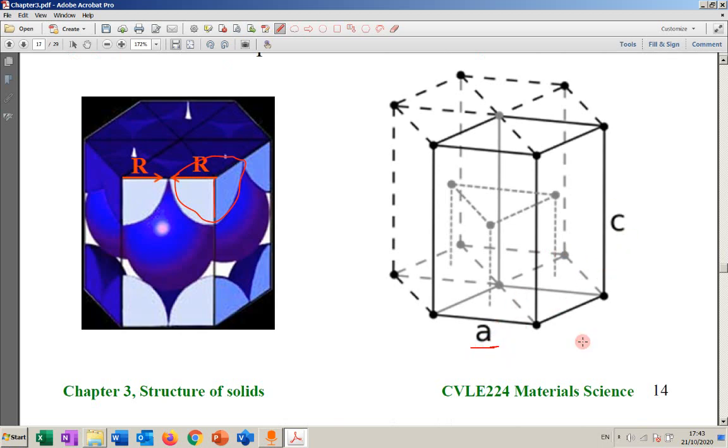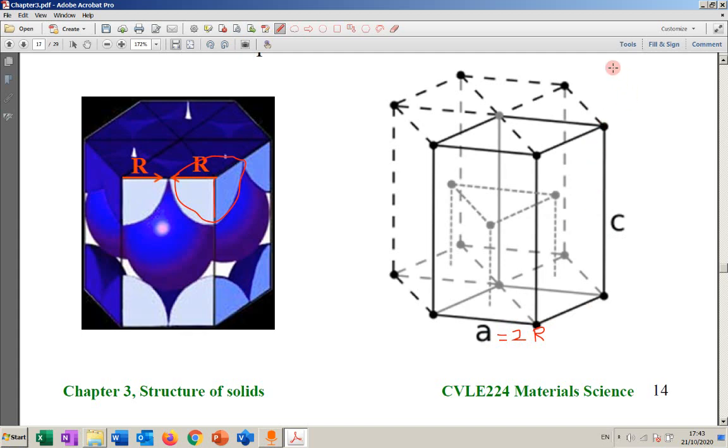So since we know A is equal to 2R, and we know C is equal to what? 1.633 times A. So this is equal to 2R.